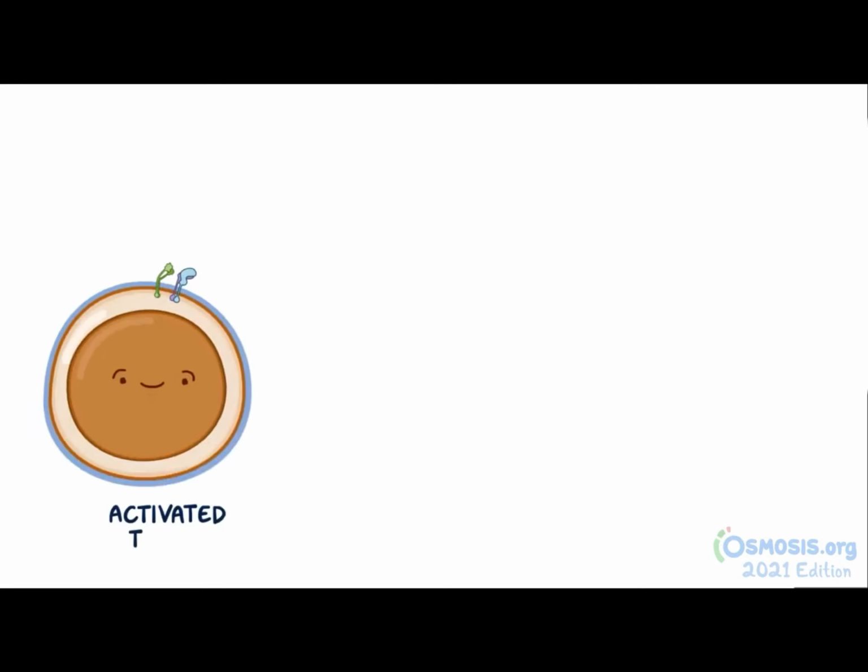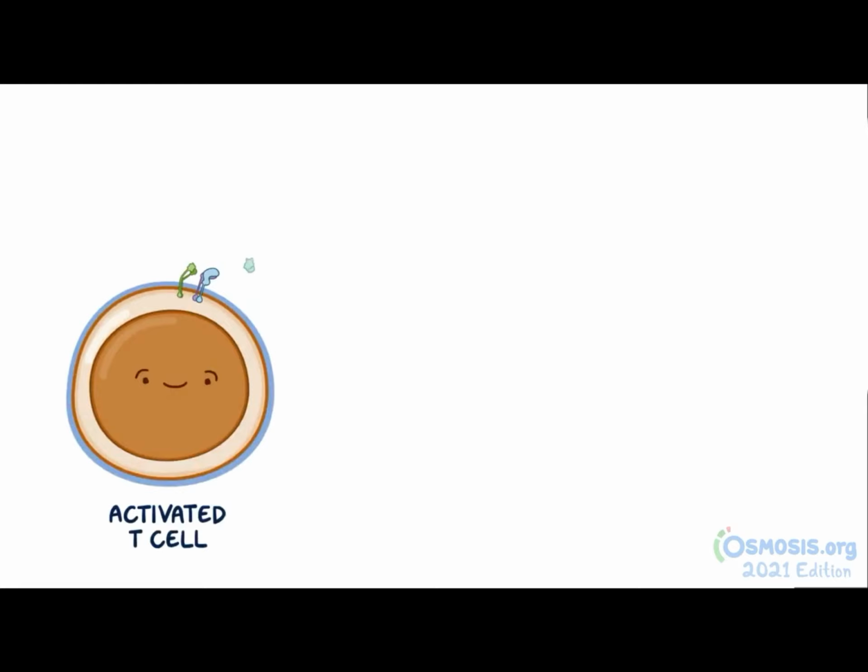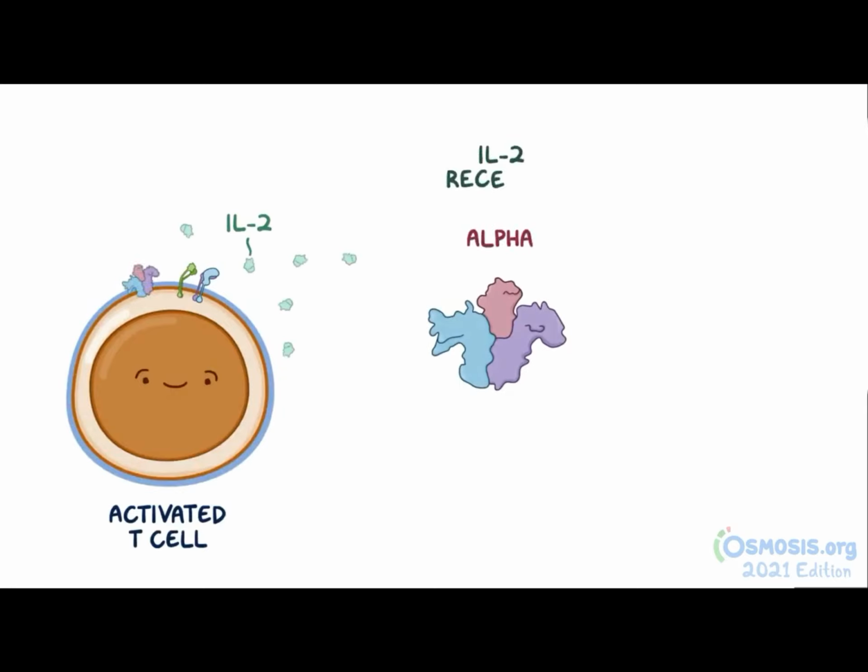The activated T helper cell also starts making lots of the cytokine interleukin 2, and upregulates its interleukin 2 alpha receptor. The interleukin 2 receptor has three protein components: alpha, beta, and gamma.